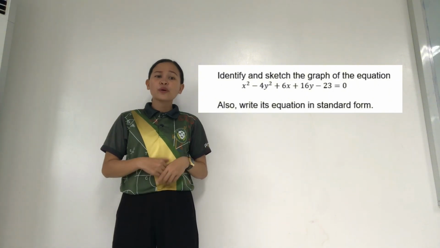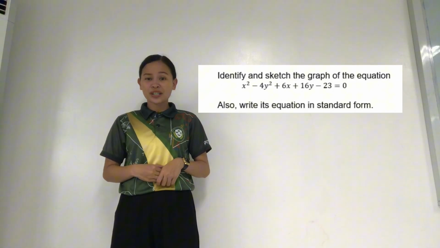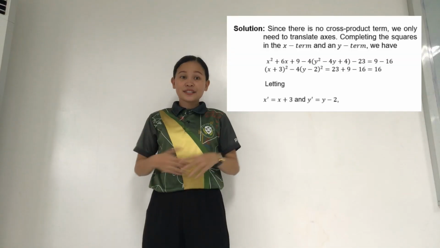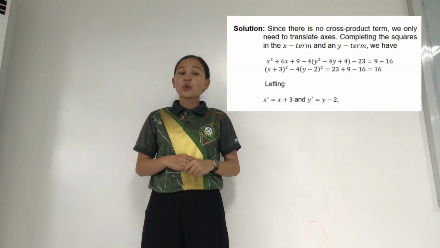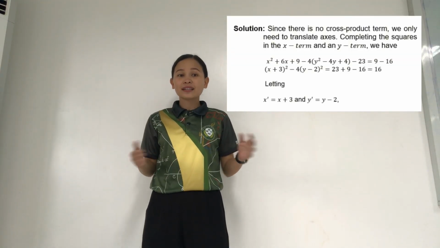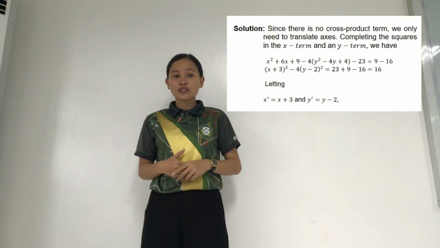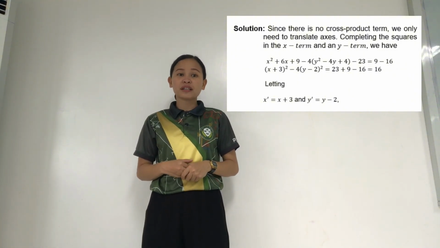We are also going to write the equation in standard form. Since there is no cross product term, we only need to translate the axes, completing the squares in the x terms and the y terms.